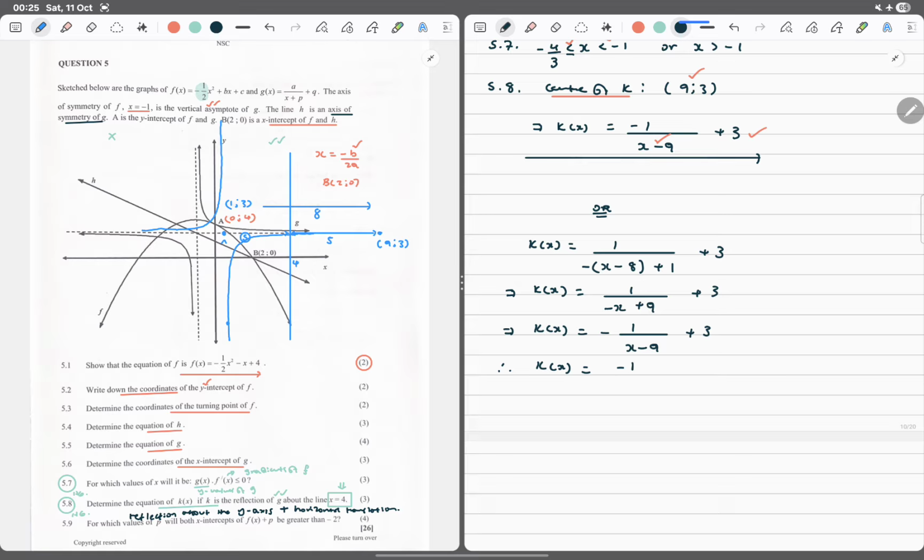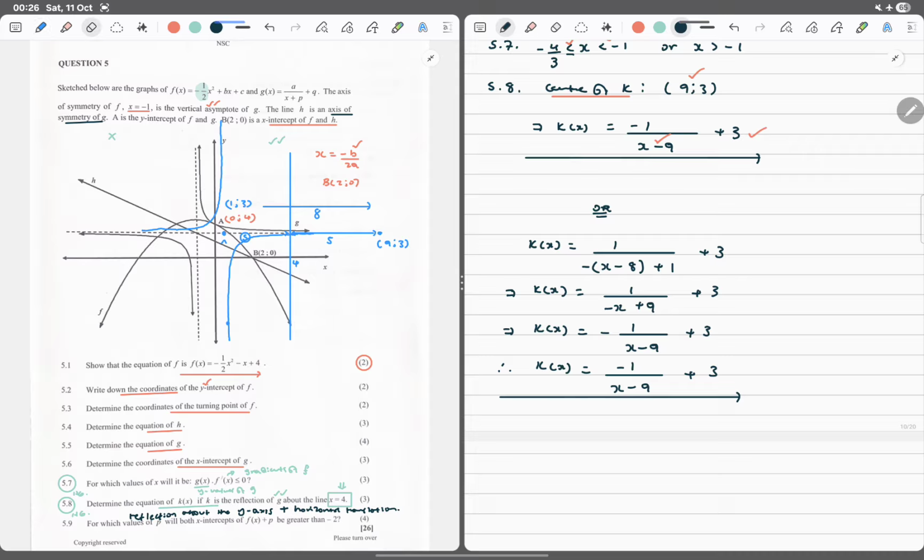So therefore k of x is minus 1 over x minus 9 plus 3. Okay. So there are many ways to think about this, but as long as we know what is the target and how to get this moving, this is very important.